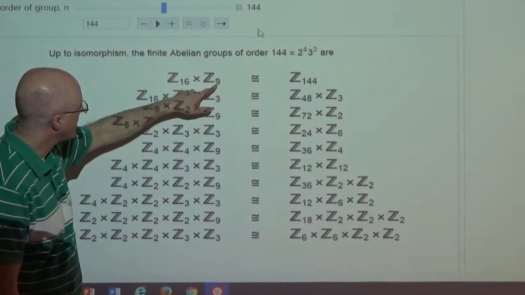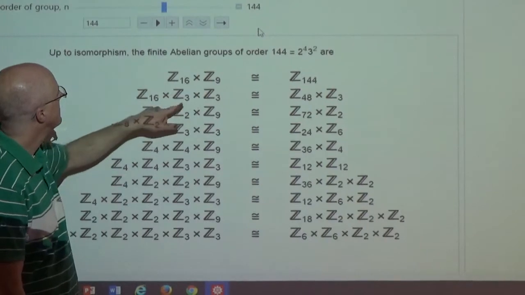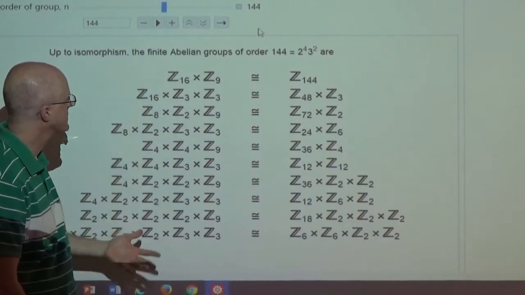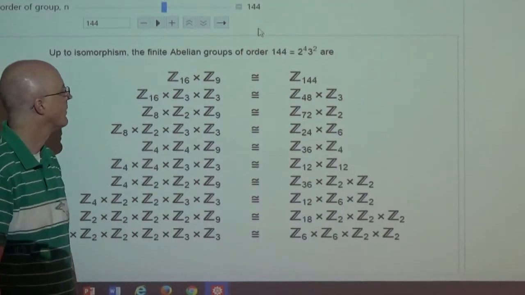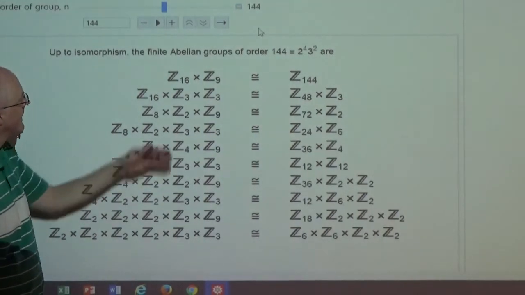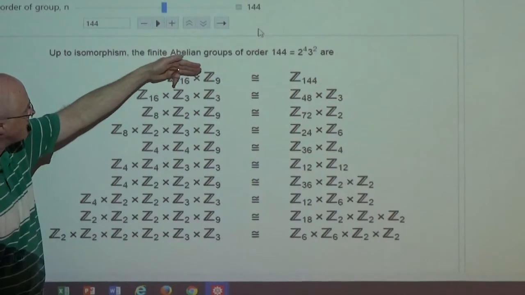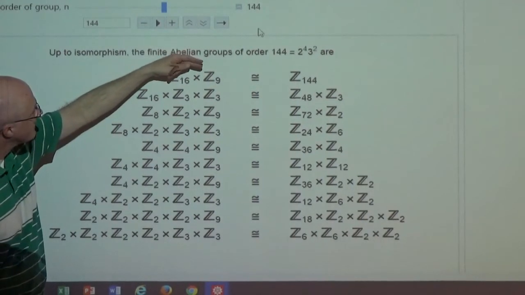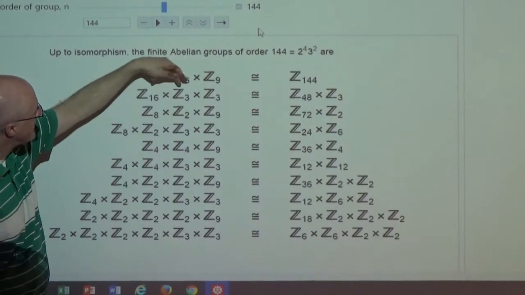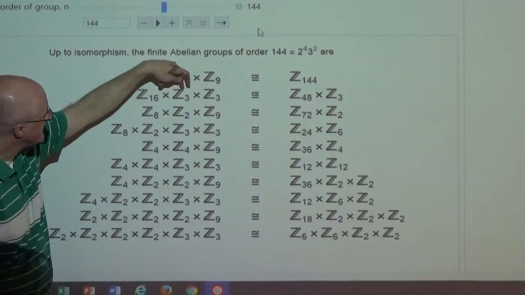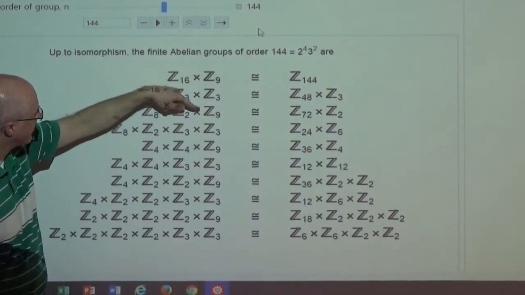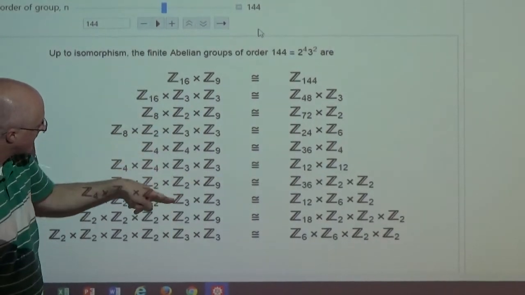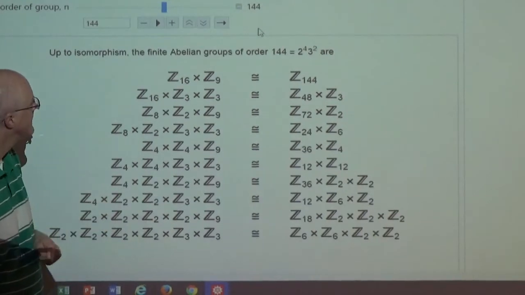That corresponds to the partition 2. 3 is 3 to the 1st, so we have 2 Z3s. That corresponds to the partition 1 plus 1 being one of the partitions of 2. And notice it is oscillating back and forth, as far as the factors that involve powers of 3, between Z9 and the external direct product of Z3 with itself, as you go down the list here.